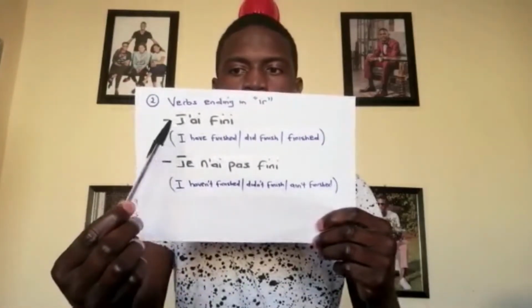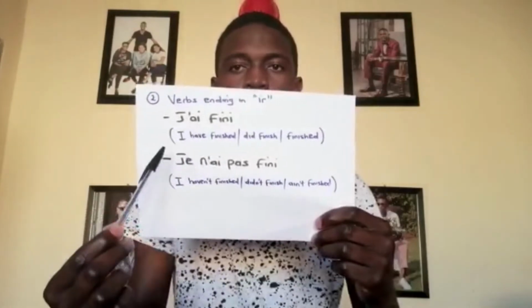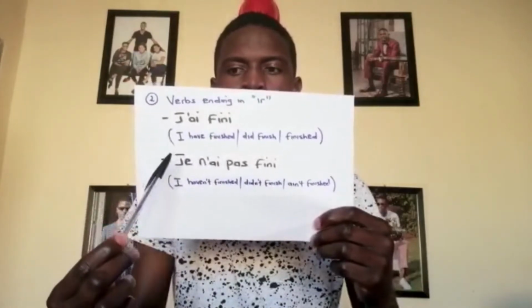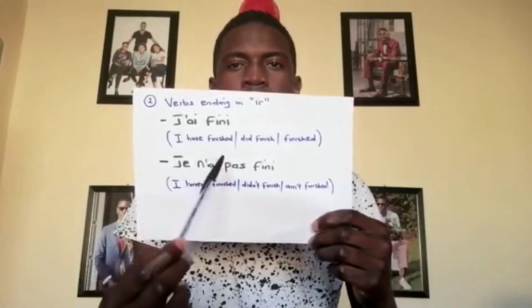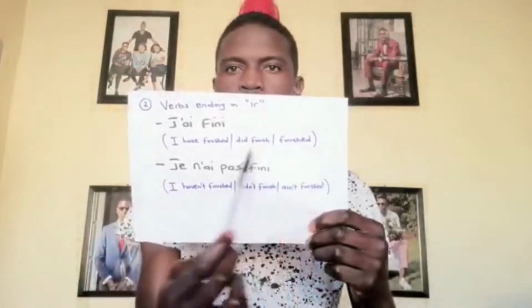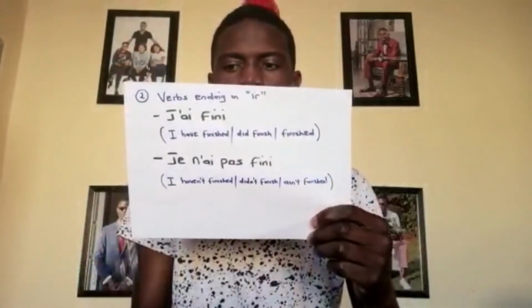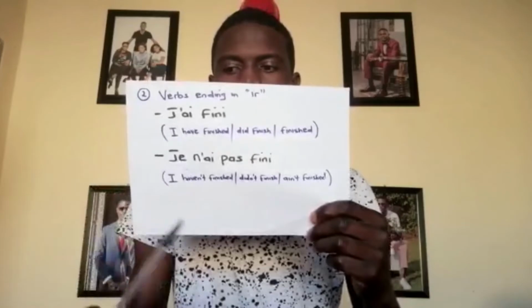So example number 2 is j'ai fini. J'ai fini, which would translate to I have finished, I did finish and I finished. So you see those three forms of the past tense in English. That's what that would mean.